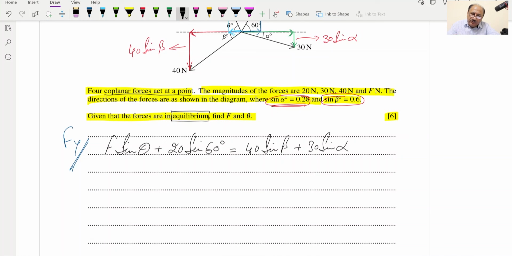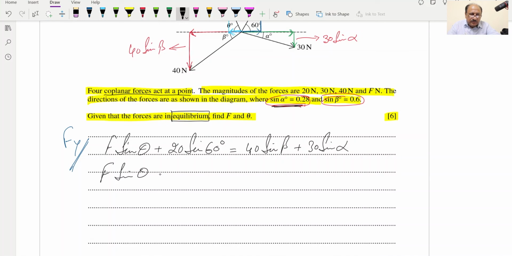Sine alpha value we have, and sine beta value also we have. So using both values we can find sine theta.